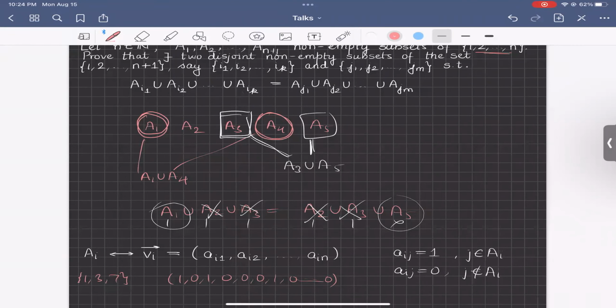So if you find two disjoint subsets such that they are linearly dependent, then I guess those subsets would work. Why? For the values of i1, i2, ..., ik, because then the union of A_i1 through A_ik is smaller than or equal to the sum of A_i1 through A_ik.